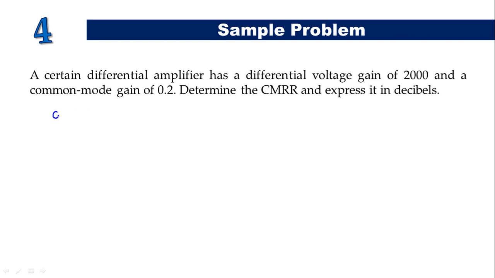So, yung given sa atin is that we have a voltage gain A sub V of D equal to 2000, and we also have the common mode gain of 0.2. So, yan.